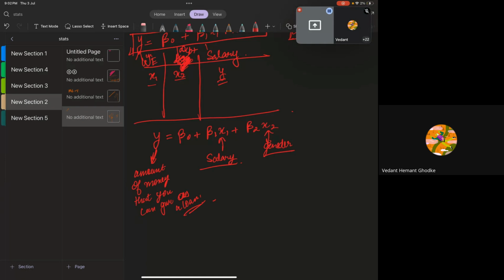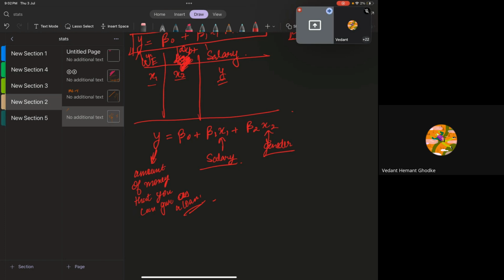What will be the geometry for this, guys? What will be the plot for this? Three-dimensional plane. Draw it first and see.